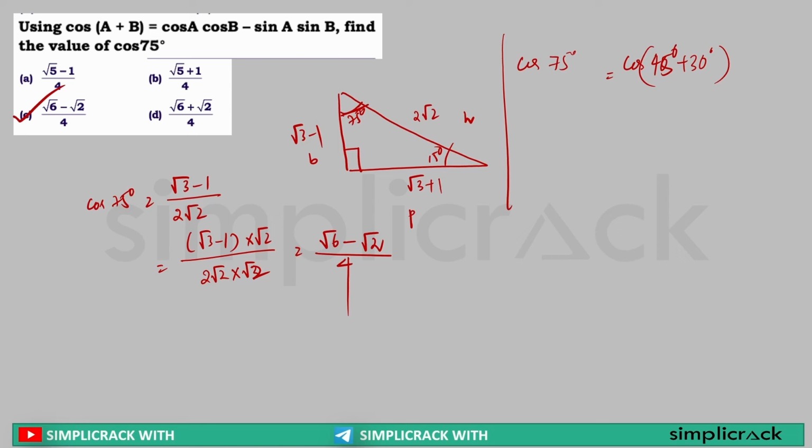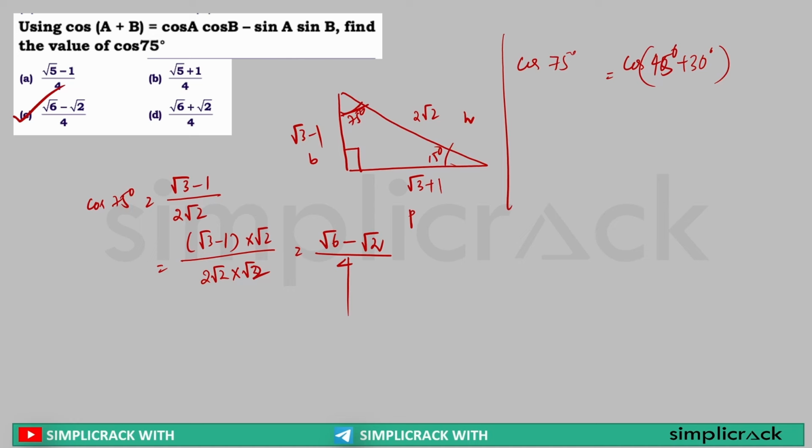The exam answer key won't say that you have done the steps of cos(45 plus 30), so you will get good marks in the steps. No. Dear brother, it is your job to find the answer of cos 75 degree. You know this, you find the answer, that's it. No one is going to check what you have done.